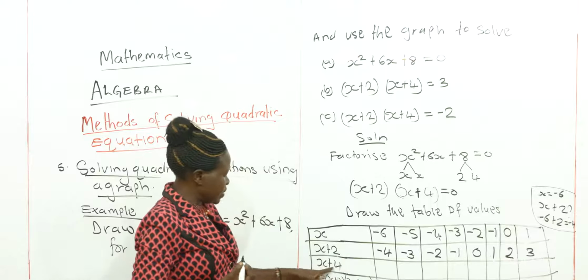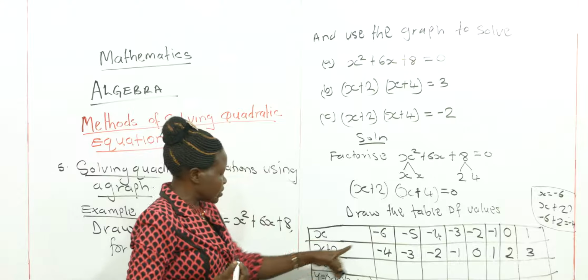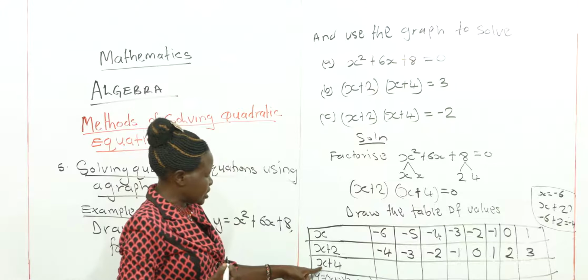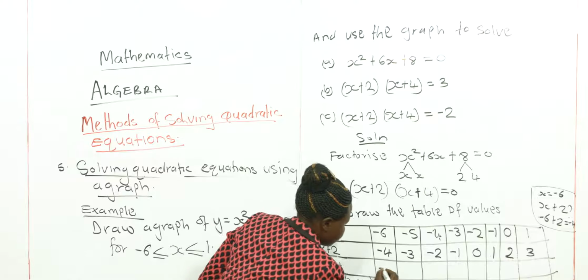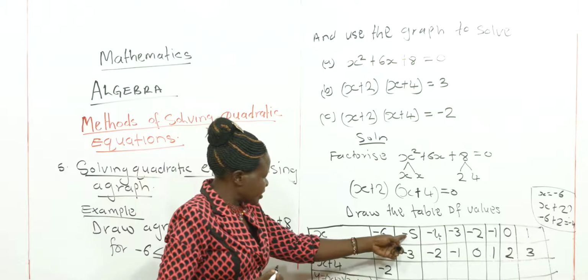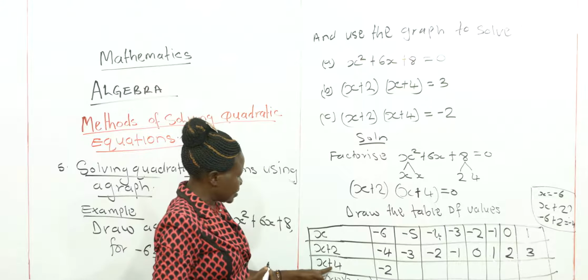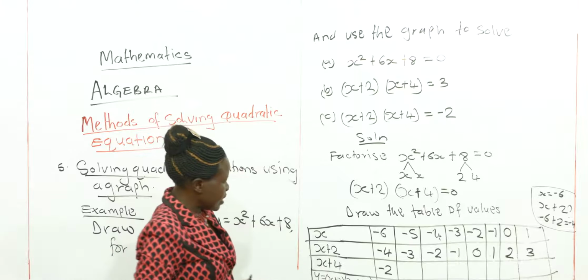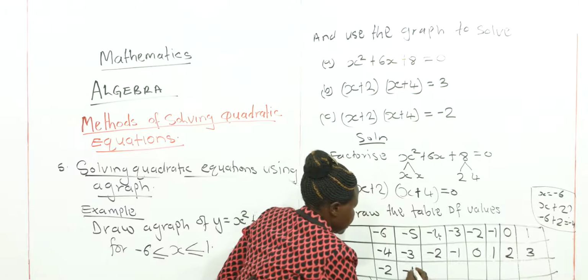Then now x plus 4, you also do the same. When x is negative 6, you place negative 6 here. It will give us negative 2. And then when x is negative 5, we place negative 5 plus 4. It will give us negative 1.